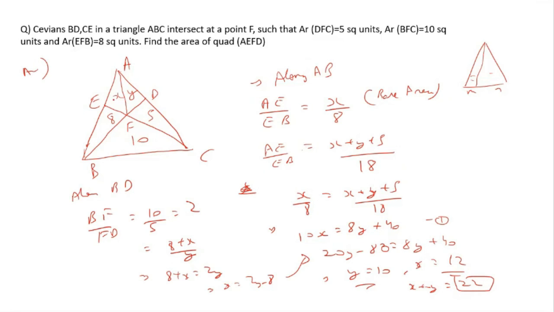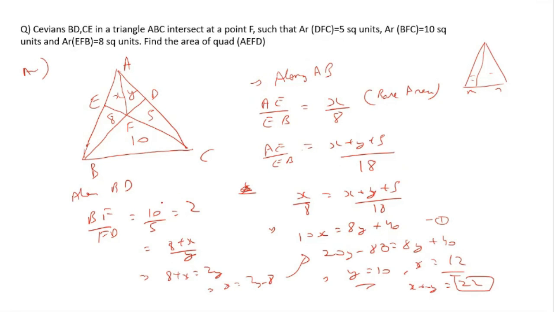Again, a very good question, exhibiting the base area ratio concept here. And now that you've seen this question, you'll not forget this ever. Wherever segment areas are given and you're asked an area of a different segment in a triangular setup, base area ratio will always come to the rescue.